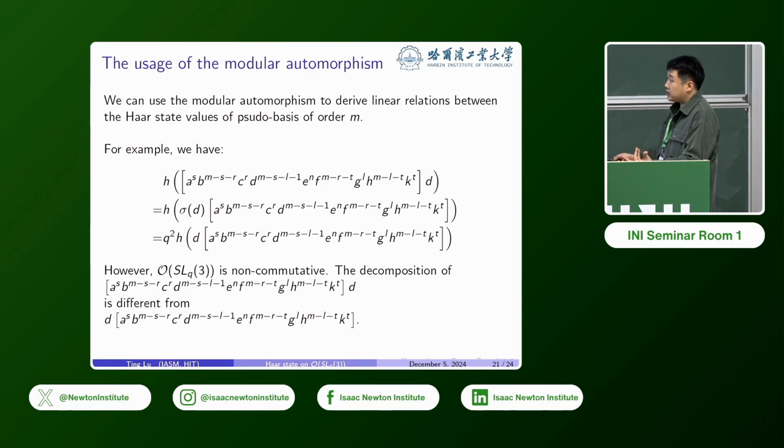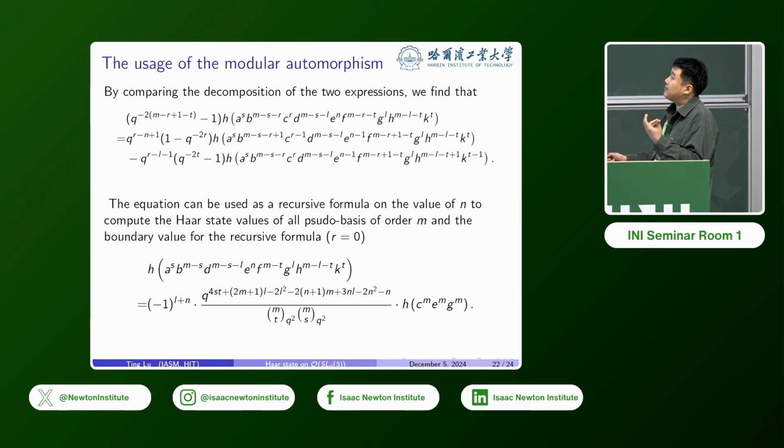But this algebra is non-commutative, so the decomposition of the first line and the third line is going to be different. If you compare the difference, you will be able to construct some extra linear relations between the Haar state of monomials of order M.